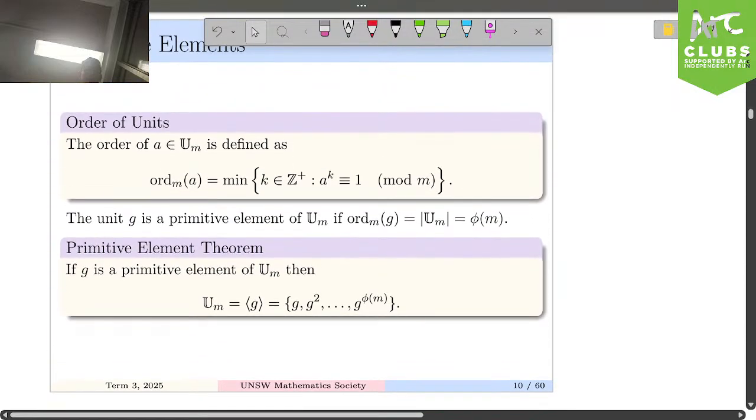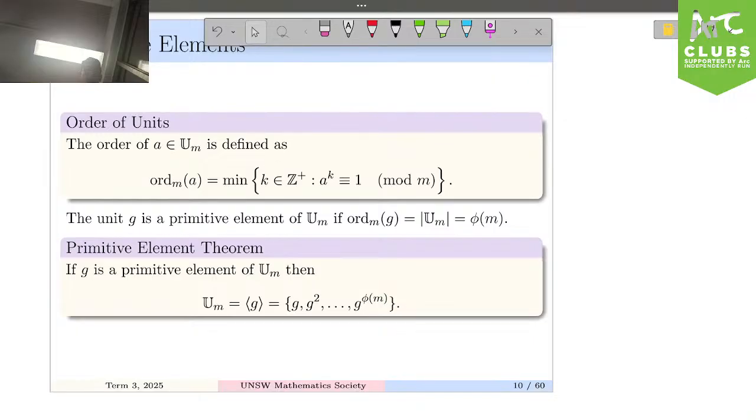We also have to talk about what a primitive element is. This will show up in BCH coding. A primitive element is an element that I can multiply onto itself many, many times, and I get all my invertible elements. So, a couple of properties.